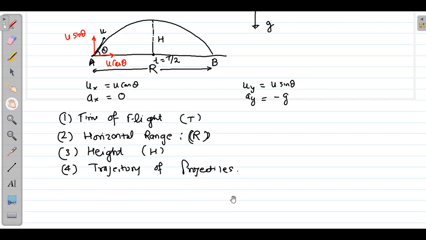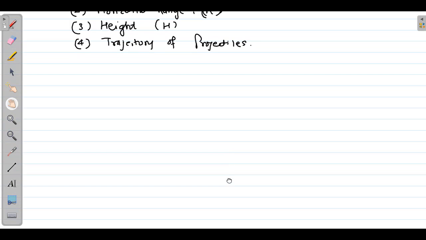So using this figure, we have written that ux equals u cos theta and ax equals 0. Similarly, uy equals u sin theta and ay equals minus g.